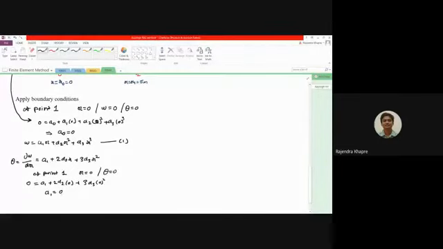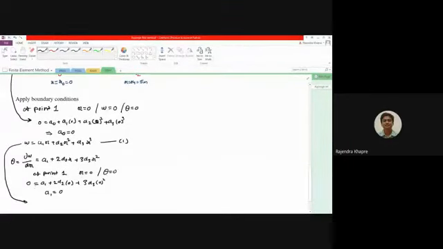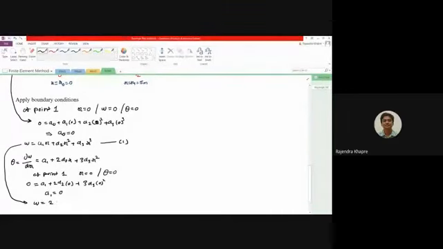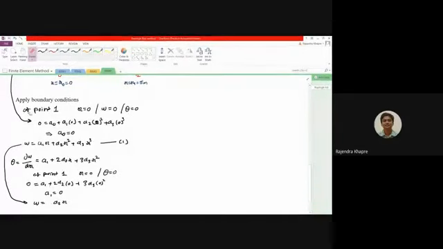Initially we calculated the value of w as a1x plus a2x square plus a3x cube. So now finally the value of w can be written as a2 into x, oh sorry, not 2 times, only a2 into x. This 2 will not come into the picture. Sorry, a2 into x square, my mistake, plus a3 into x to the power 3.